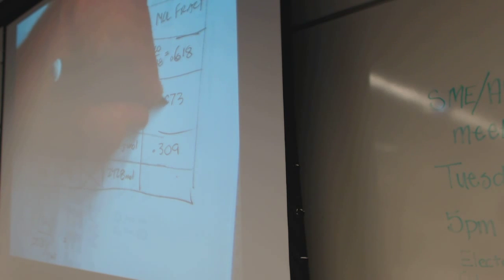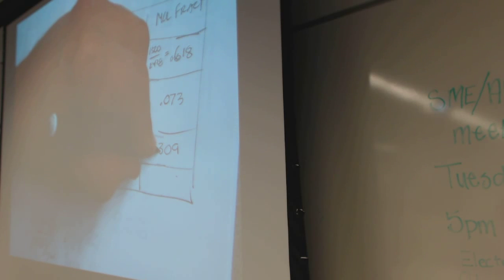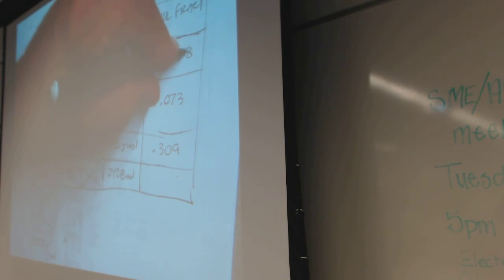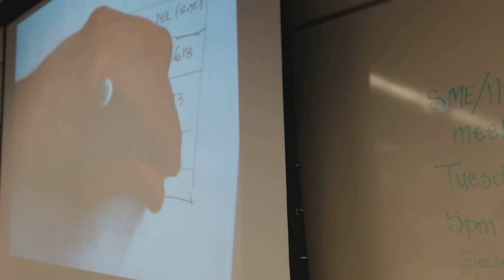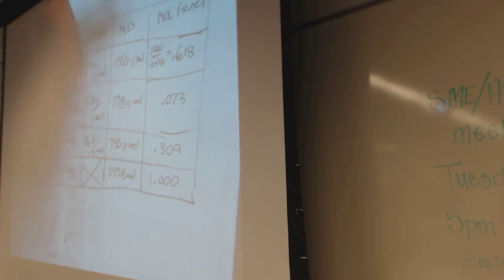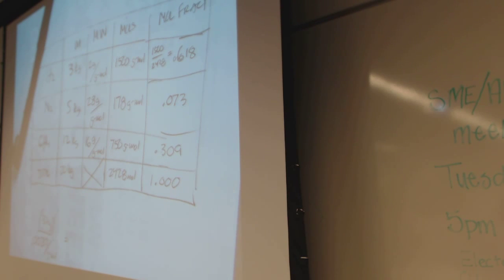If you add all these up, I bet you're going to come up with 1.000. So 7% of the number of molecules are nitrogen. 31 out of every 100 molecules is CH4, 7 out of every 100 molecules is nitrogen, and 62 out of every 100 molecules is going to be hydrogen.